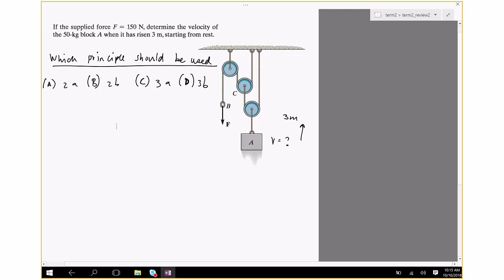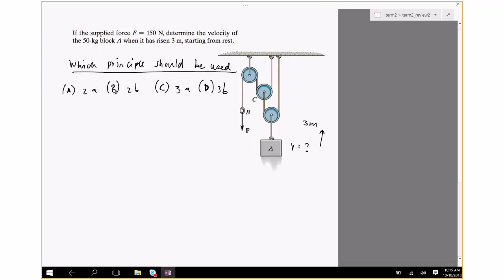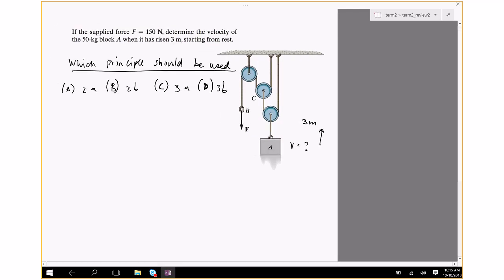Okay, so let's solve this. Do you have any preference, 2A or 2B? 2A, okay, let's do it with 2A.